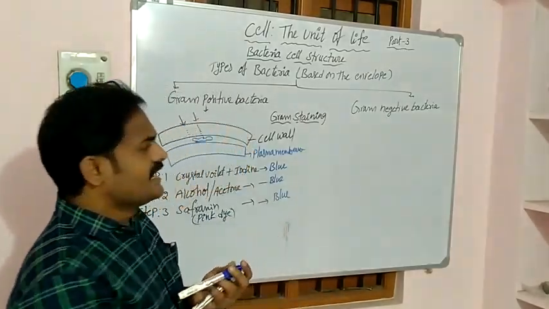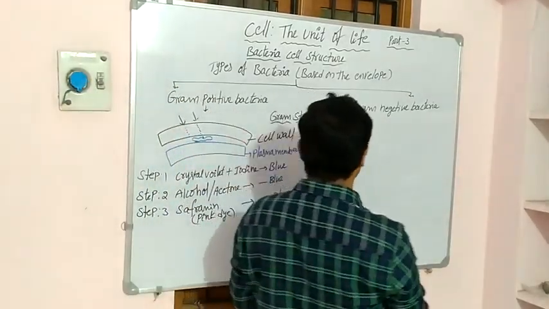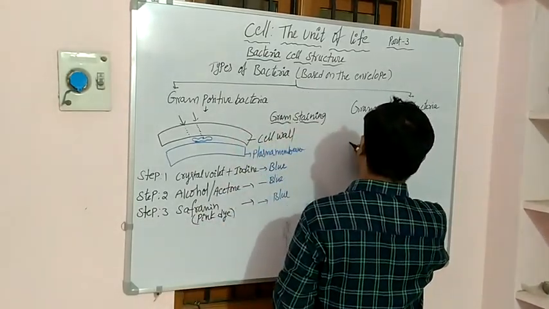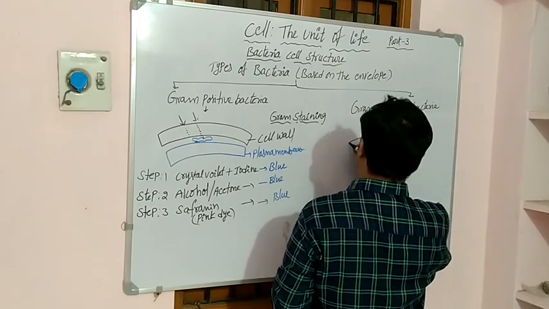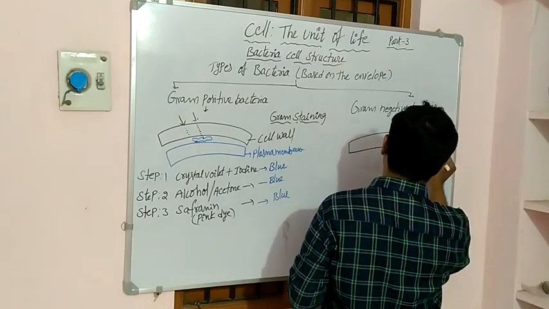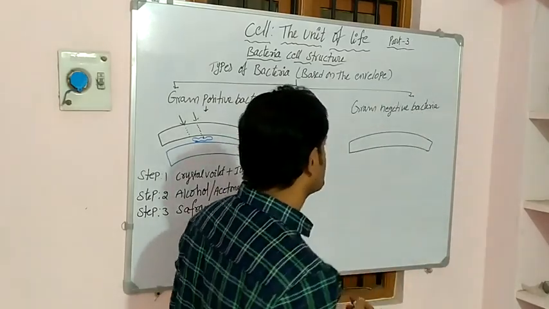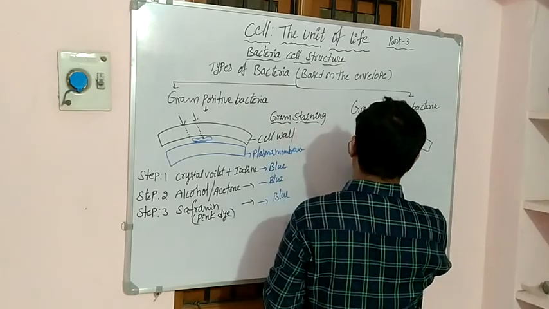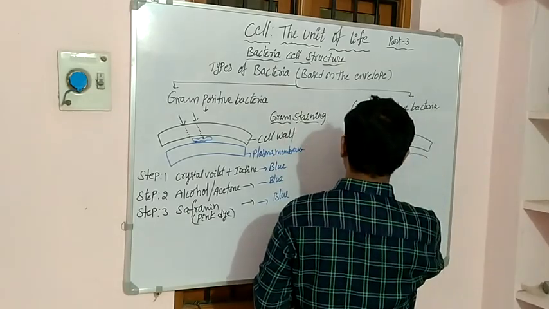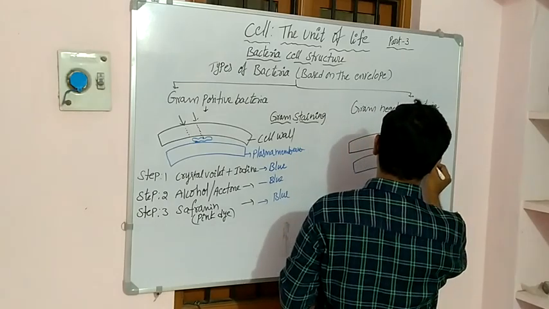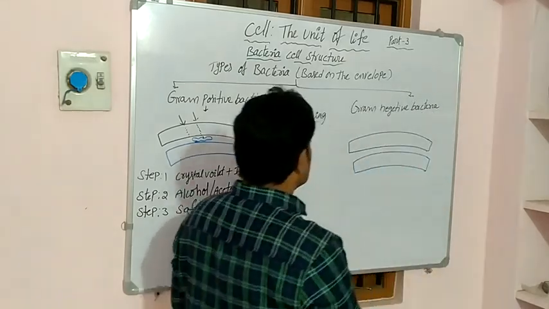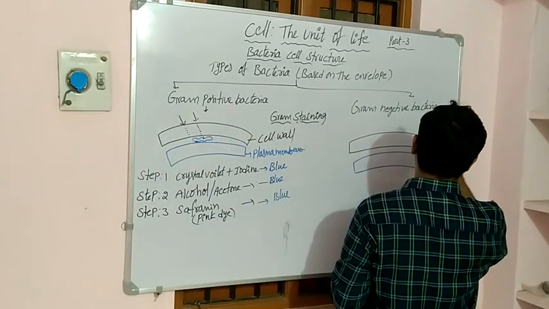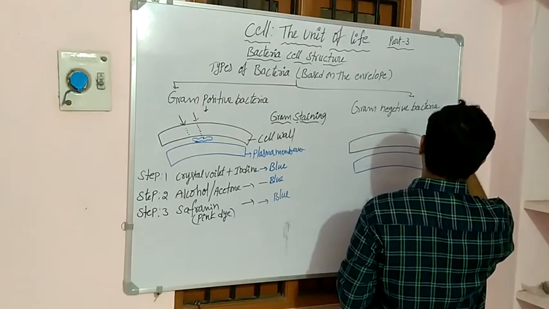Then going to the gram negative bacteria. See, here also I will draw the two membranes. The outer membrane is called cell wall and the inner membrane is called plasma membrane. See, this is plasma membrane, this is cell wall.